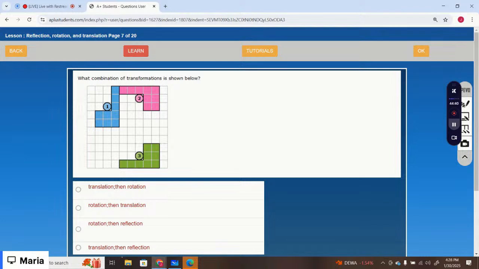One to 2 is the rotation, and 2 to 3 is the reflection. That is rotation and then reflection.